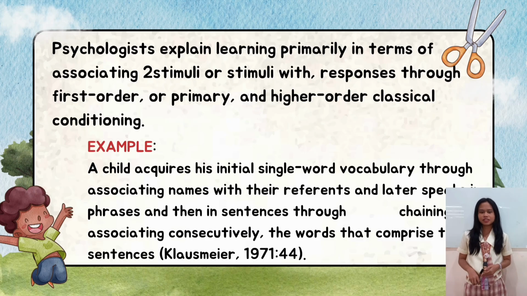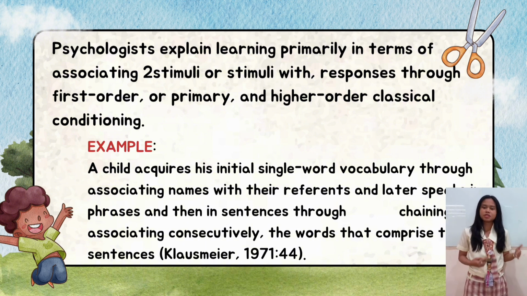Psychologists explain learning primarily in terms of associating two stimuli, or stimuli with responses, through first-order or primary and higher-order classical conditioning. An example of this is a child who acquires his initial single-word vocabulary through associating names with their references, and later speaks in phrases and then in sentences through chaining, or associating consecutively, the words that comprise the sentences.